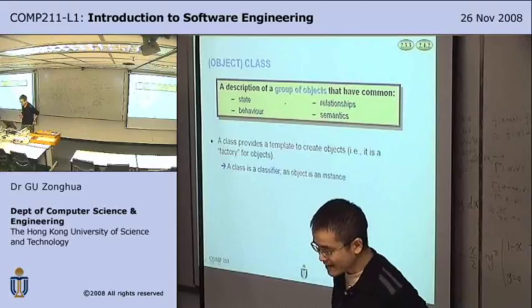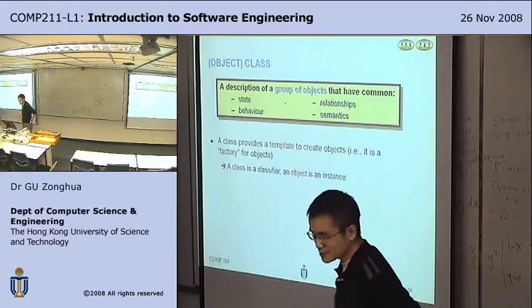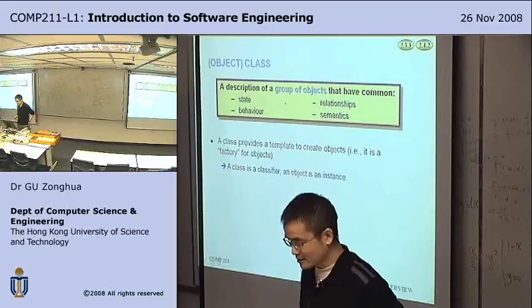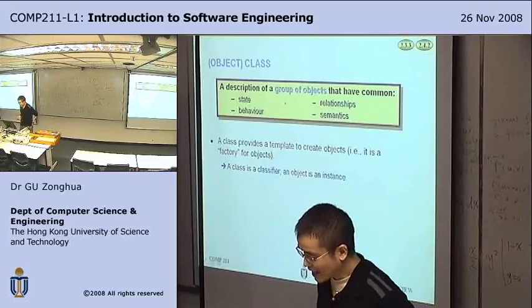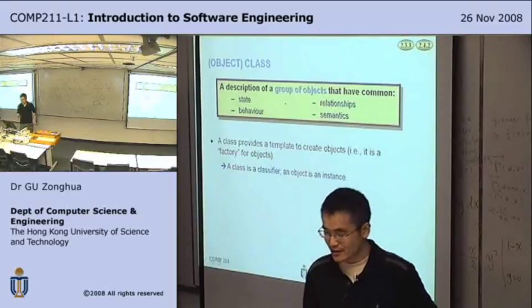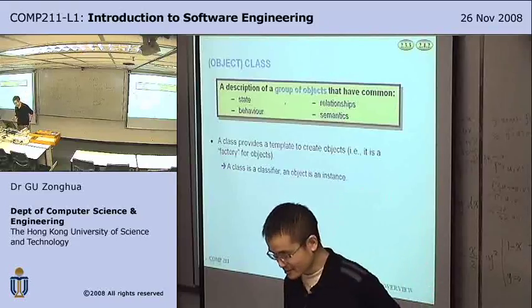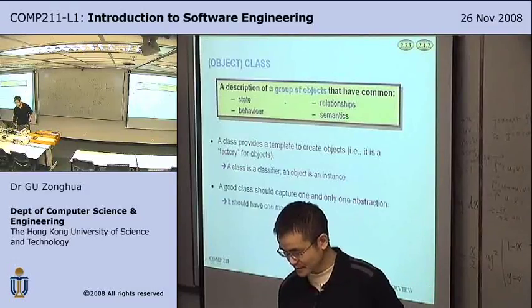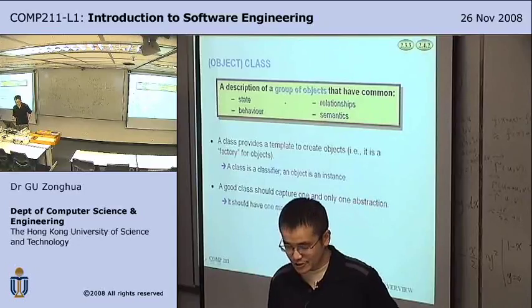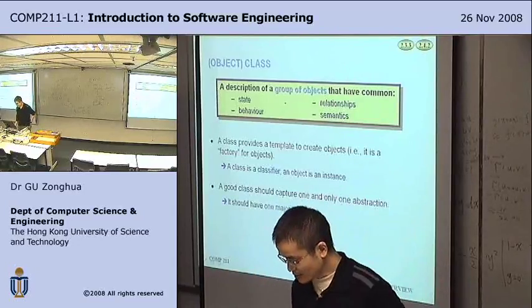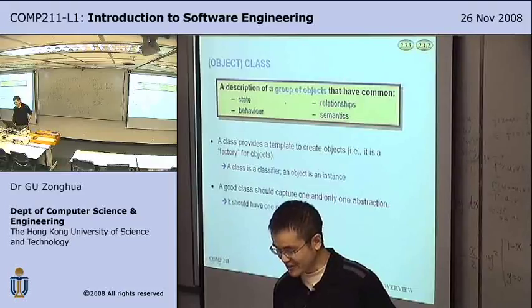So a class is a template for creating objects, like a stamp. You stamp out objects. All the objects look alike. They share common attributes, but their attribute values are different. So a class design should capture one and only one abstraction. It should have one major theme.